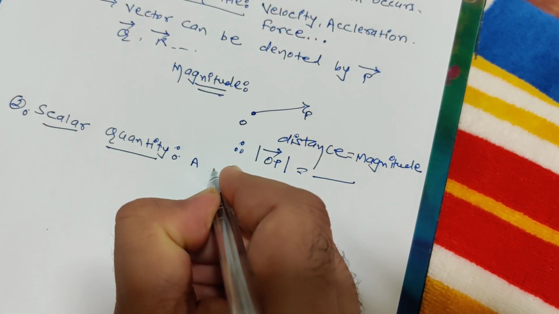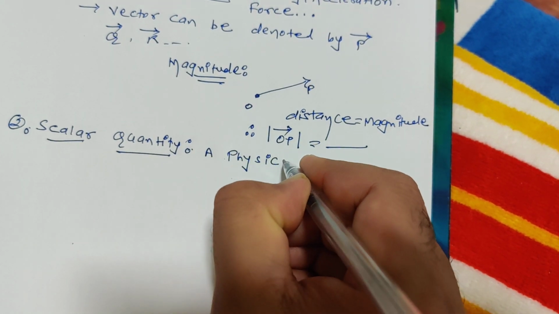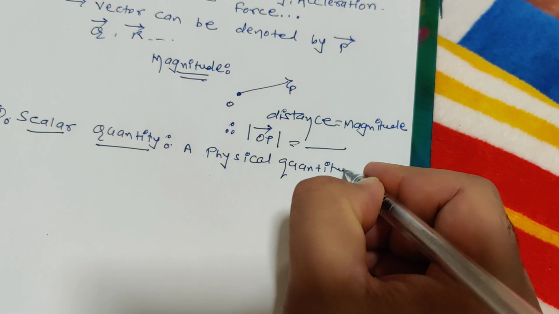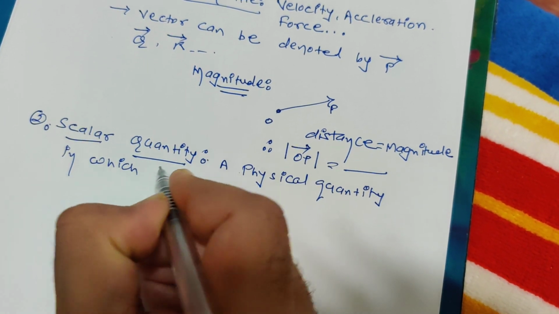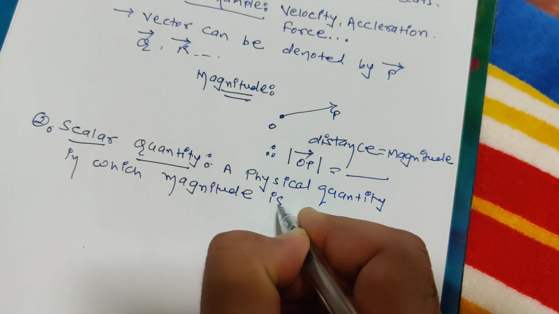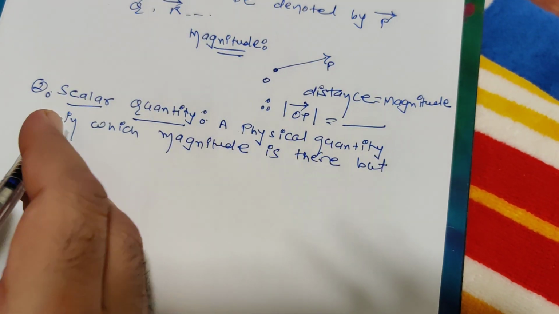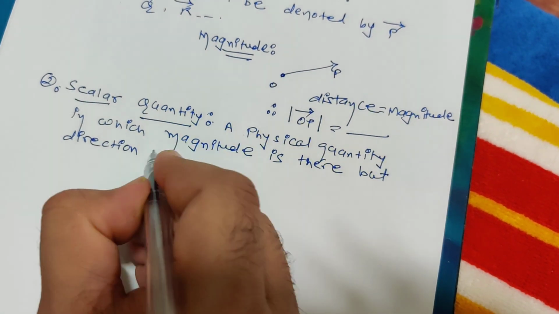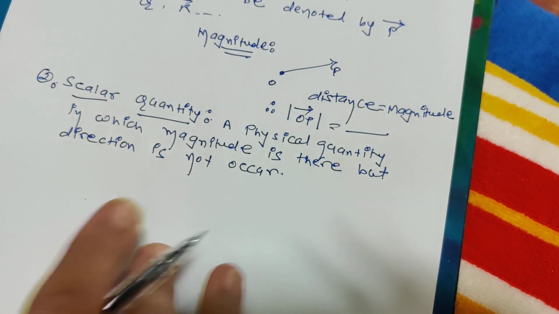A physical quantity in which magnitude is there but a direction does not occur.